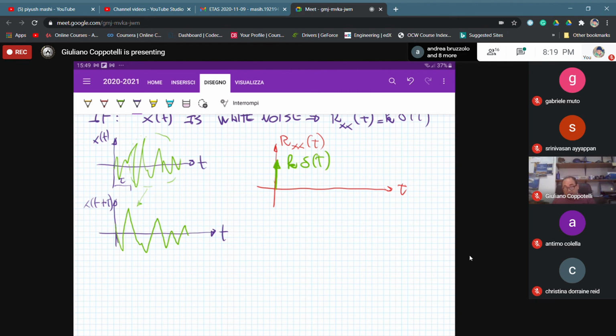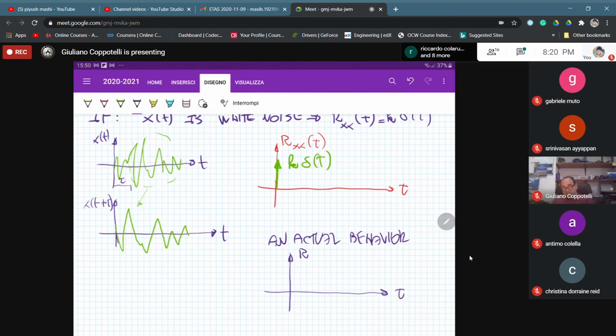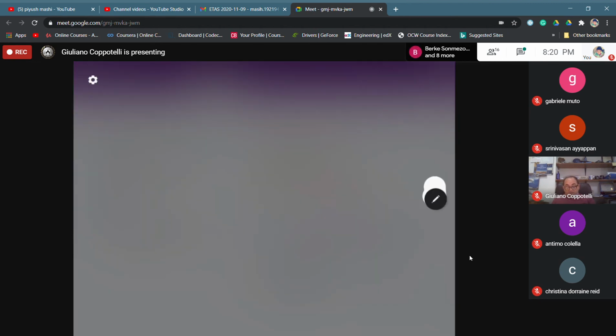The actual behavior could be viewed as something with a higher value at the start and then going down like that. And then we have a symmetric behavior over this.